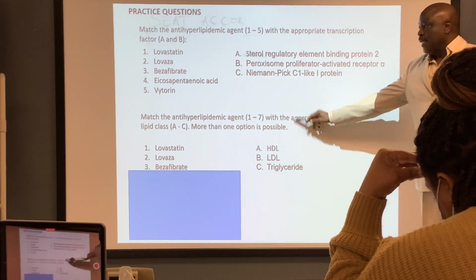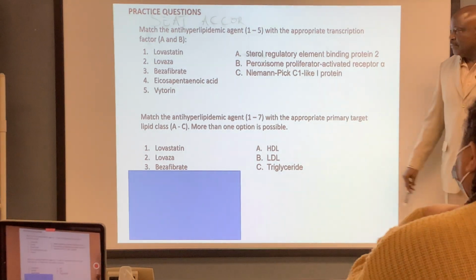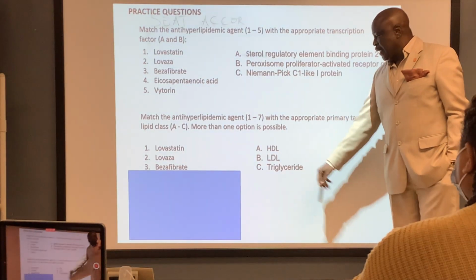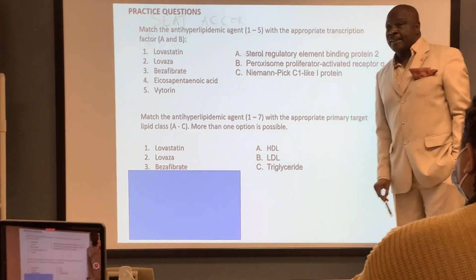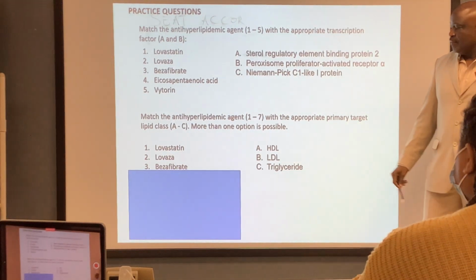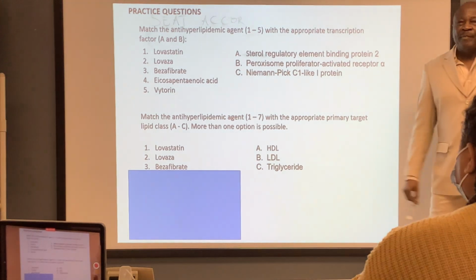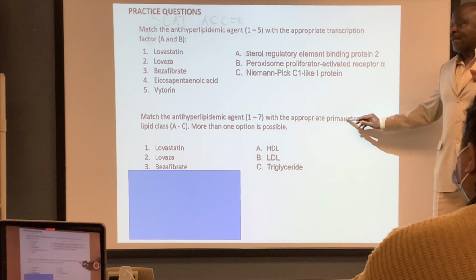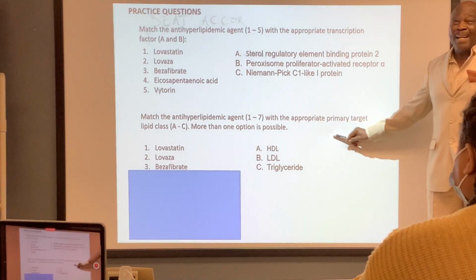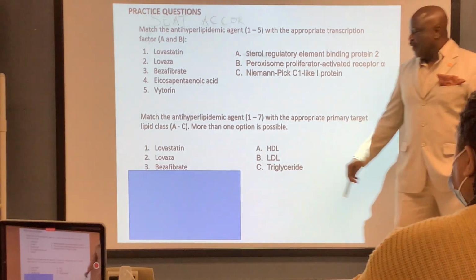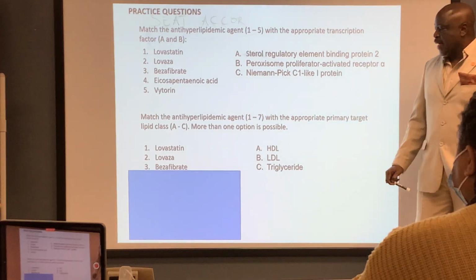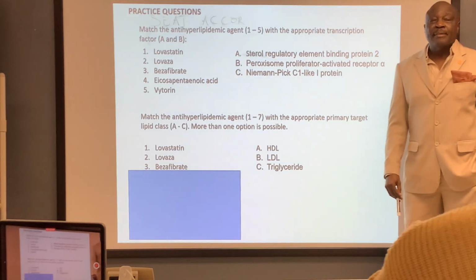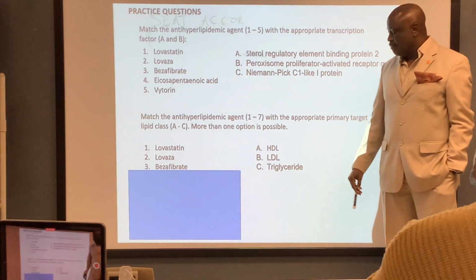Okay, so let's try this one now. Let's try lovastatin. Is it HDL, LDL, or triglyceride? LDL. Very good. LDL is the appropriate primary target. So lovastatin is LDL. Lovaza is what? It's omega-3, and it's the reduction of triglycerides.